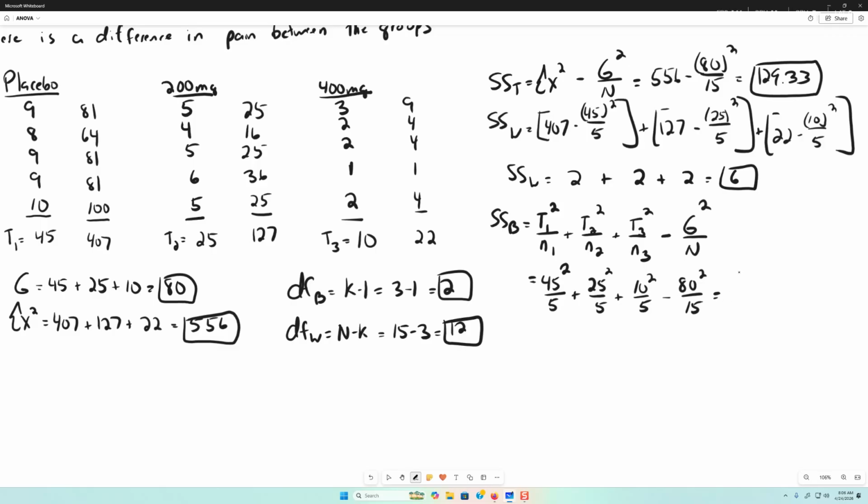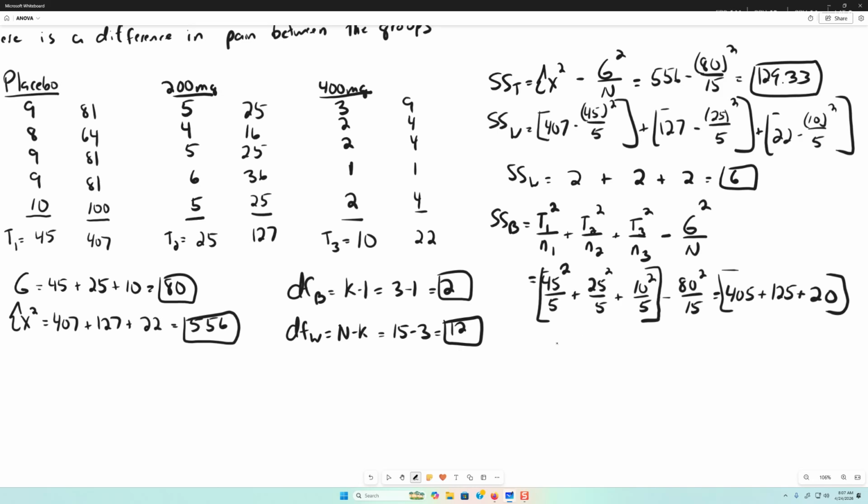And when I simplify this, I get 405 plus 125 plus 20. And that gives me 550. So these three values give me 550, right?